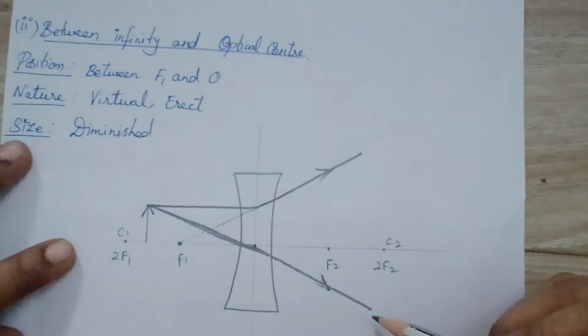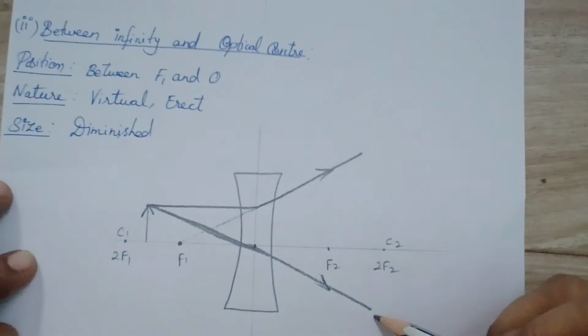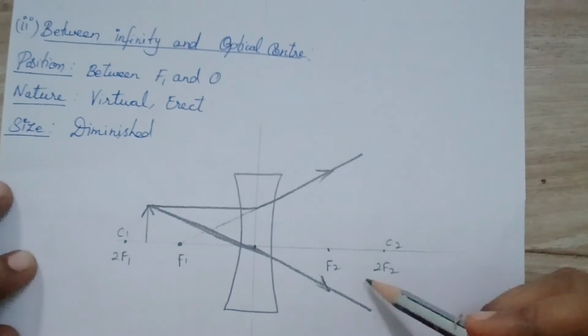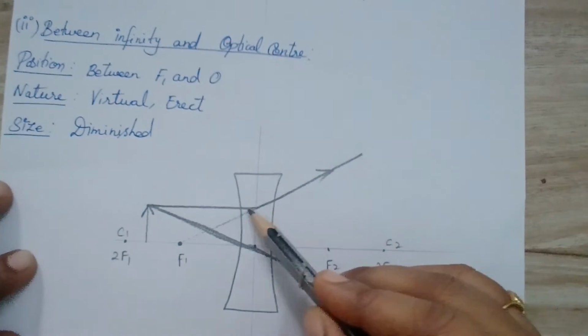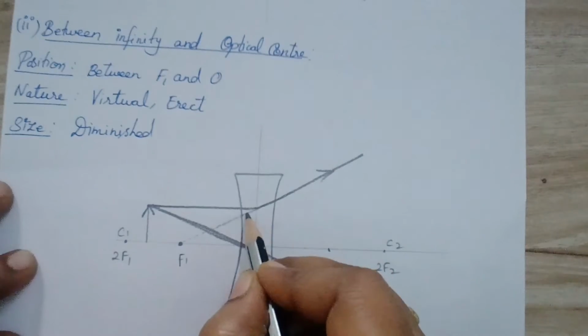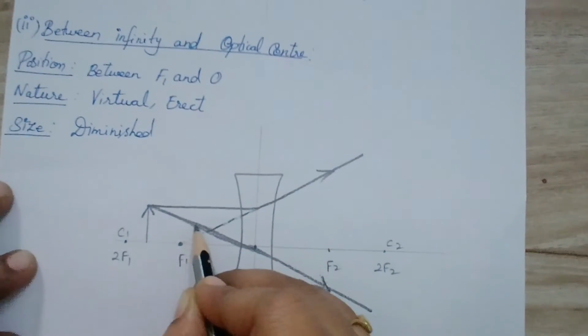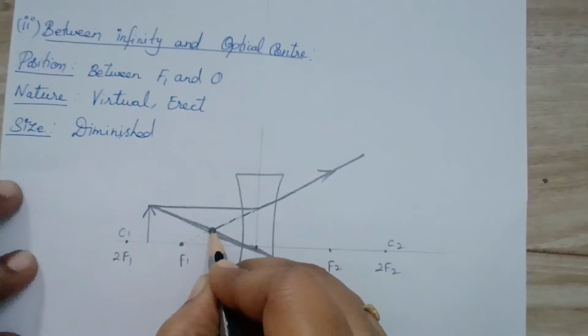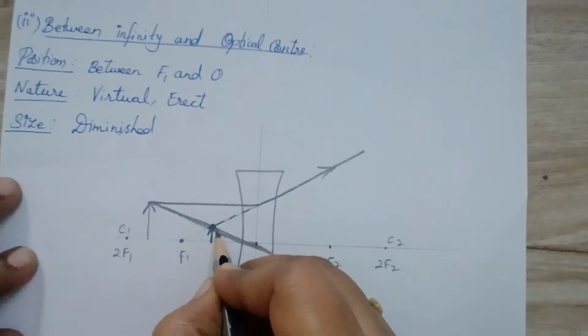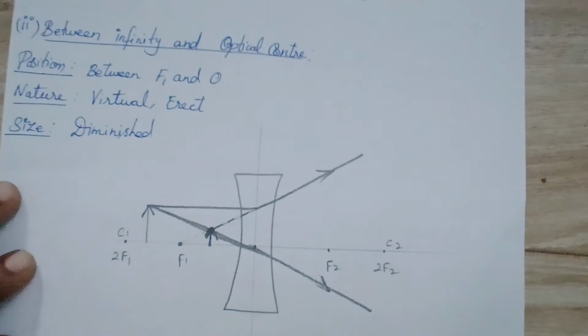These two rays will never meet, because both are diverging. So these two lines appear to meet at this point. See, these two rays will appear to meet at this point. So this is your image. Here your image is formed.